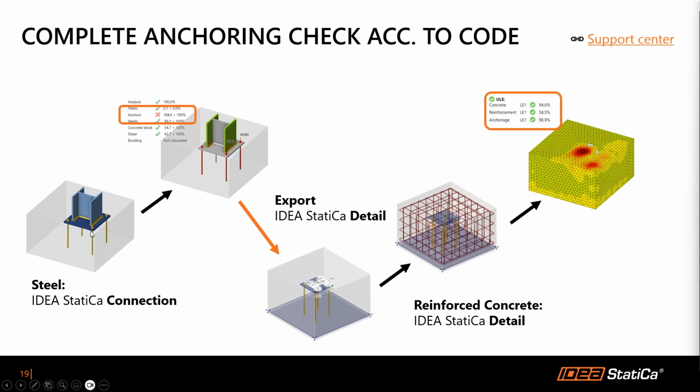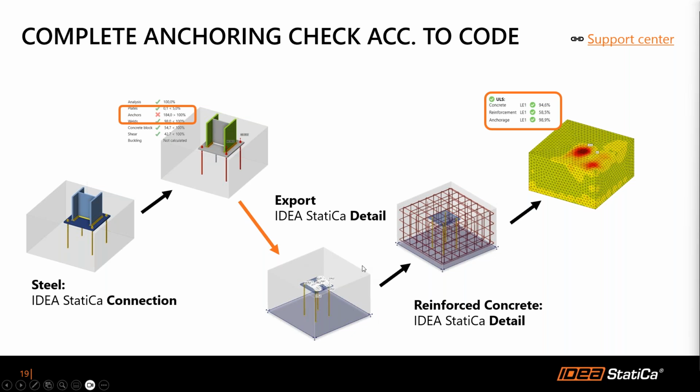So you start in Idea Statica Connection. Most of you are familiar with this. You design your anchoring close to the edge of the concrete block, but you experience a failure of the anchors due to the concrete cone breakout, for example. Well, at this point, this is new. You click on a button. We will see that by Venkatesh.